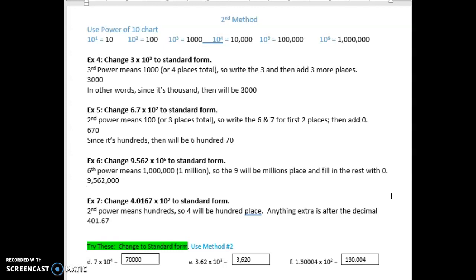Both going from standard form to scientific notation, understanding that we move the decimals to the left to become the exponent, and then when going from scientific notation to standard form, understanding that the exponent becomes how many digits are in the regular number. All right.